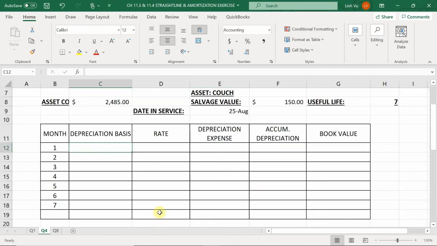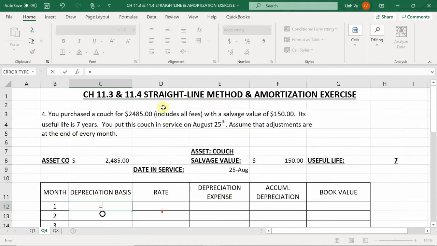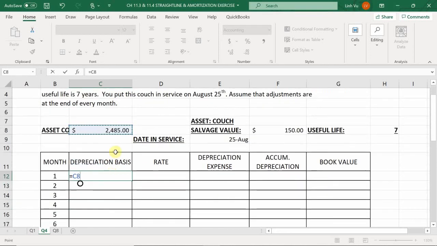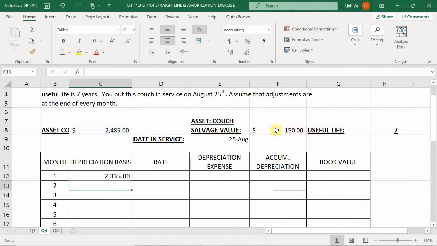So depreciation basis, what should that be? The 2485. Right, it's not only the cost of the asset, it's the cost of the asset minus salvage value. Oh, minus the salvage value of 150. 2335. Okay, good. So that's my depreciation basis. Good. So then what should be my rate?